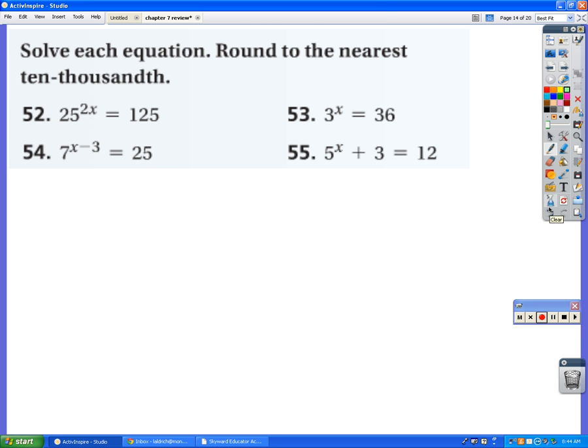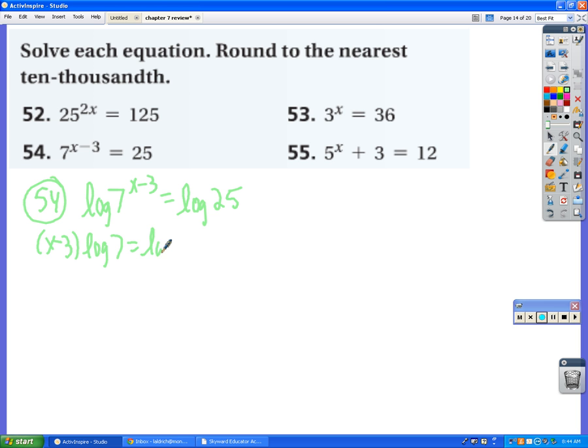Okay, 54. I need a calculator. Here we go. What do I do first? Log both sides. Log 7 to the x minus 3 equals log of 25 with the exponent in front. X minus 3 log 7 equals log 25.